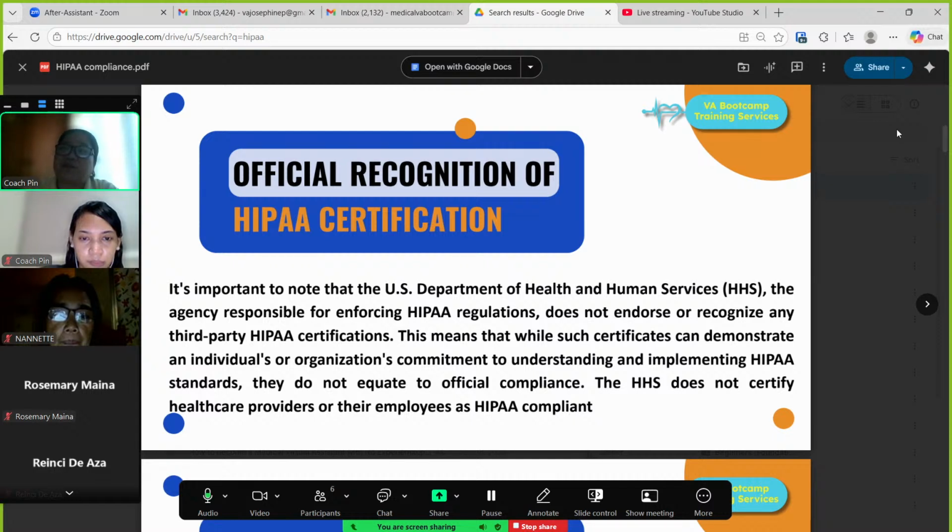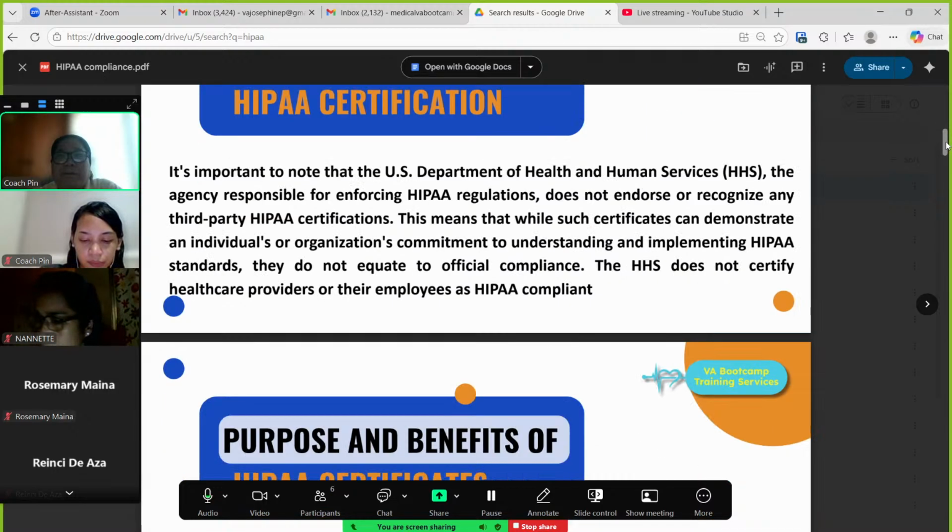So while such certificates can demonstrate an individual or organization's commitment to understanding and implementing HIPAA standards, they do not equate to official compliance. It means the HHS does not certify healthcare providers or their employees as HIPAA compliant.